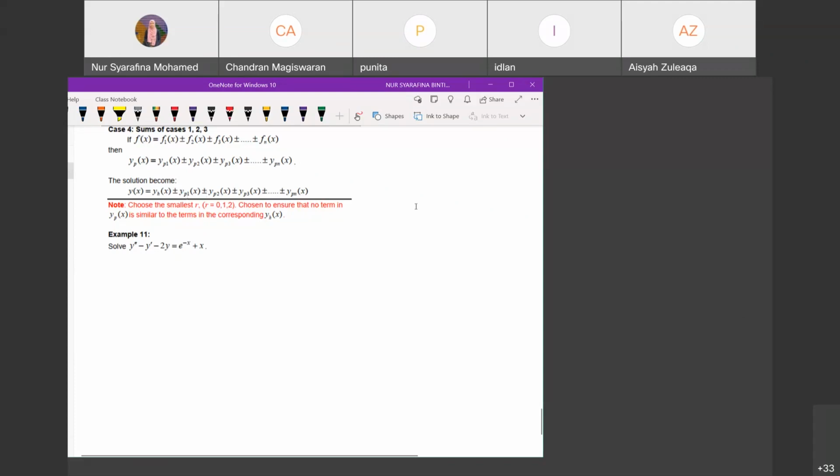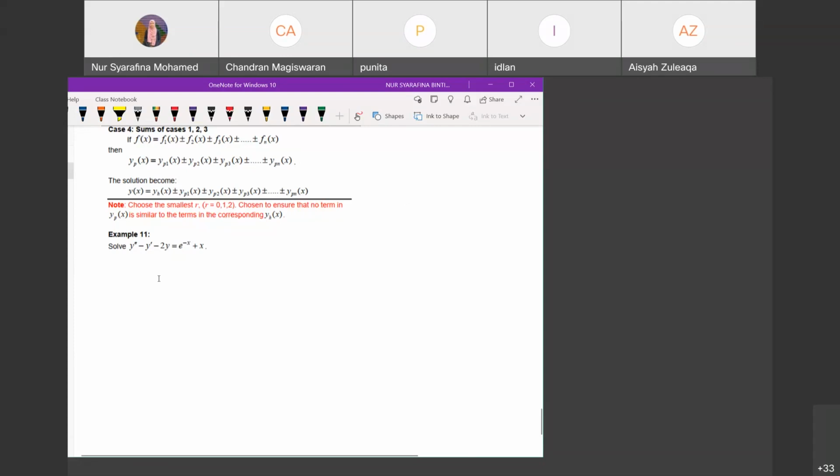We still use the same process: find yh, of course, and then yp1, yp2, and so on. Same process, choose the smallest r from 0 to n, to make sure there is no similar term corresponding with yh.